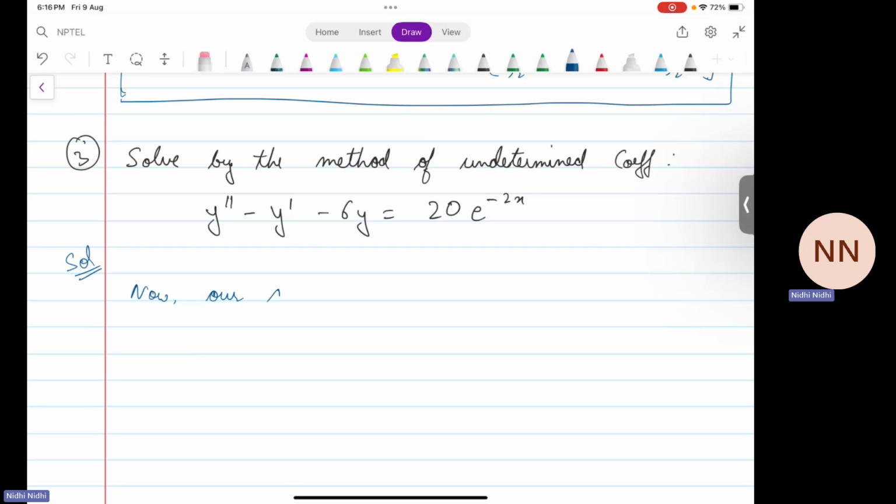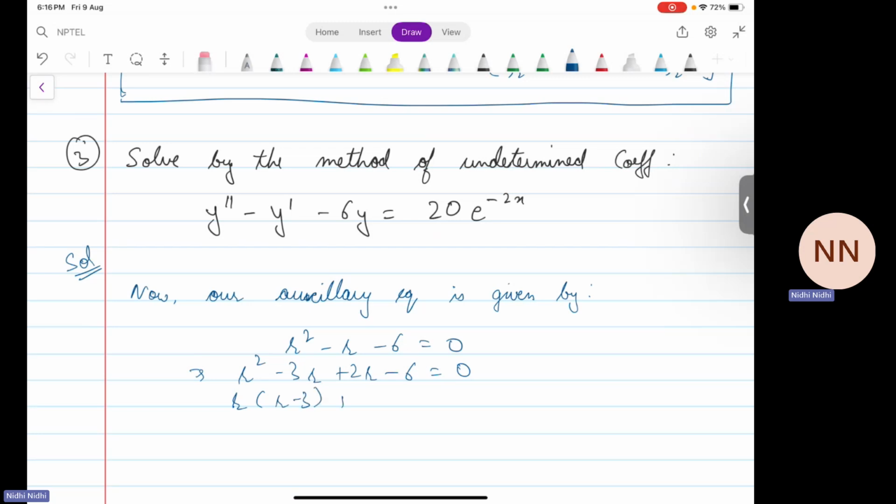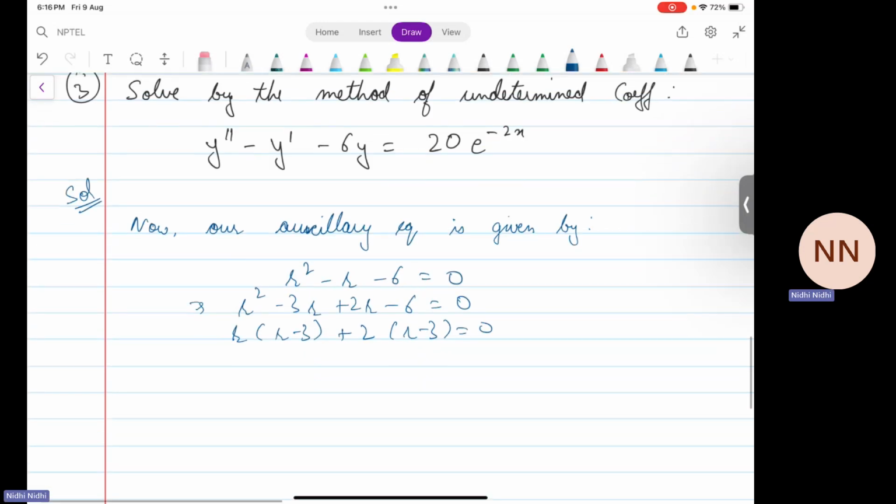Our auxiliary equation is given by r square minus r minus 6 is equal to 0, which is r square minus 3r plus 2r minus 6 is equal to 0. So (r minus 3)(r plus 2) is equal to 0. So the roots are minus 2 and 3.